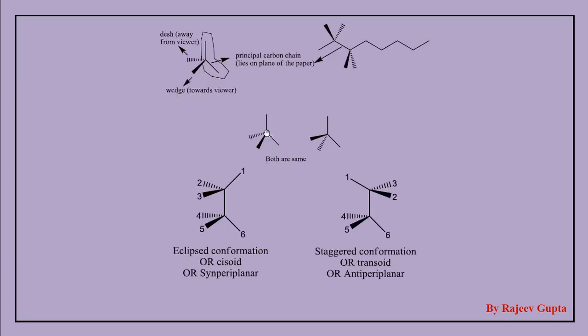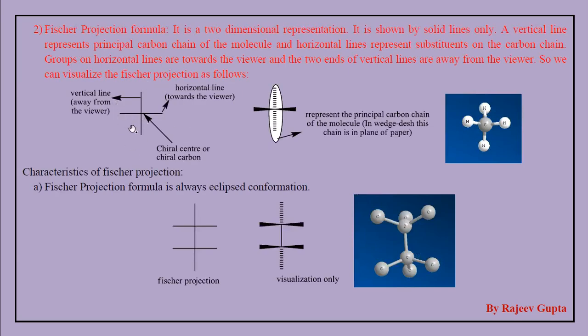Imagine if you flip or rotate this molecule this side, then both ends of the principal chain go away from the viewer, and this wedge side comes over here on the right side, and this wedge portion remains over here on the left side. So this structure can be imagined like this in Fischer projection.